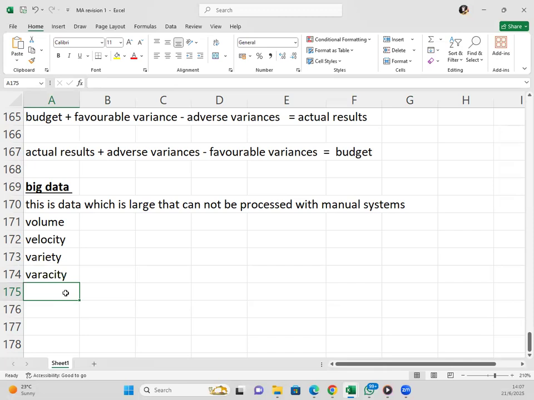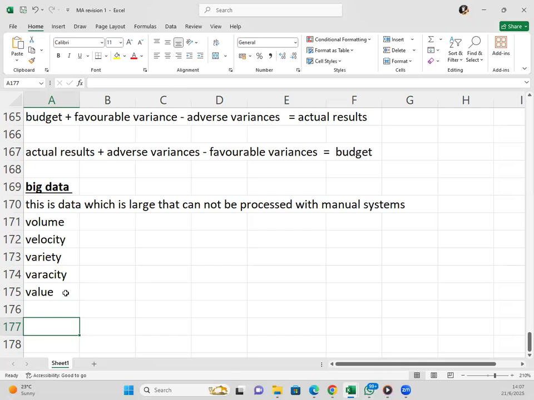Variety, it's coming from different sources or in different forms. Then, because it is of high value. So these V's are the V's of big data. If we can say this is big data, we can say it's big data in terms of this.